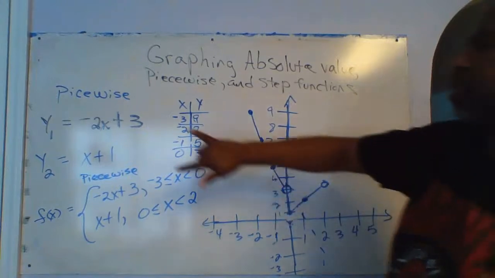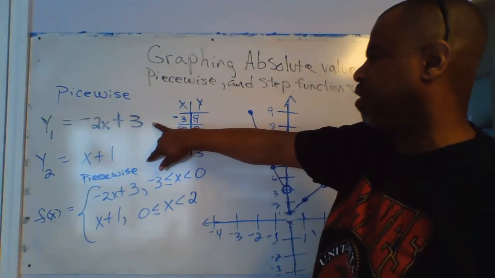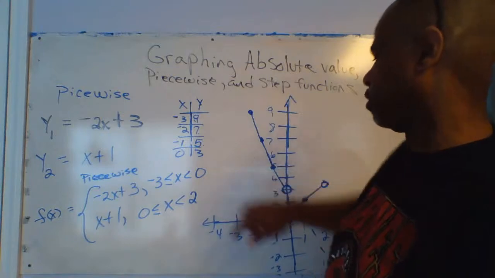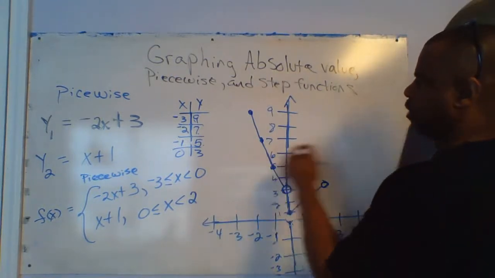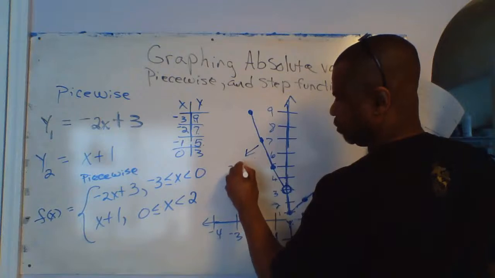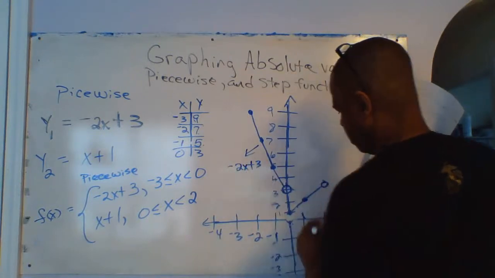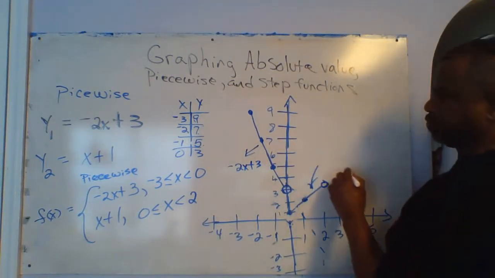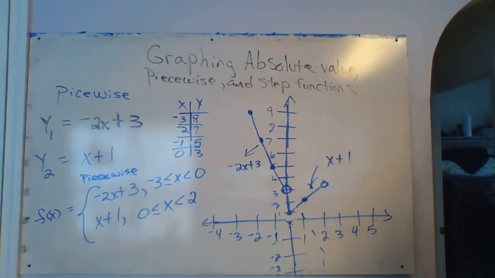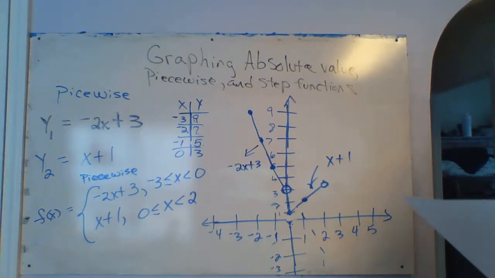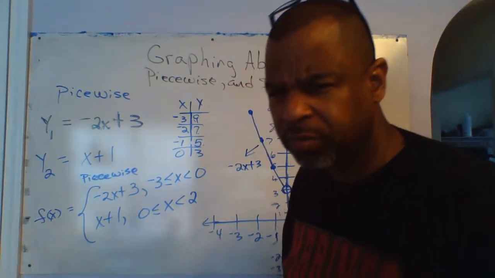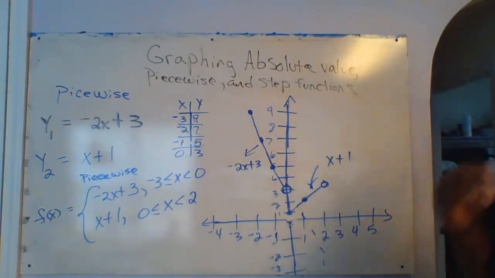All right, so these are the two functions that you have, but for the piecewise function, you only want a piece of the function. So this is the piece for negative 2x plus 3. This is the piece of the function for x plus 1. Kind of make sense? Yes, no?